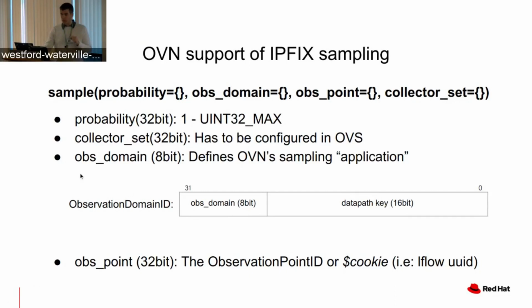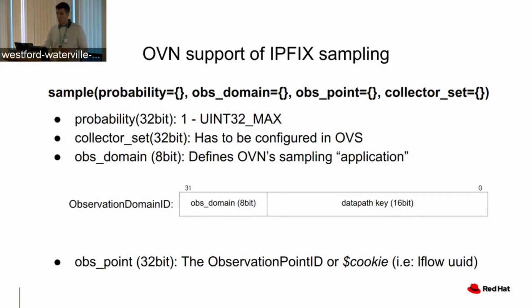Now, the observation domain ID is only 8 bits long, and the idea is that the observation domain would represent the OVN sampling application. So in order to support several different sampling applications within OVN, we can specify this 8-bit observation domain, that we combine with the datapath key to form the final observation domain ID that will be inside the IPFIX packet.